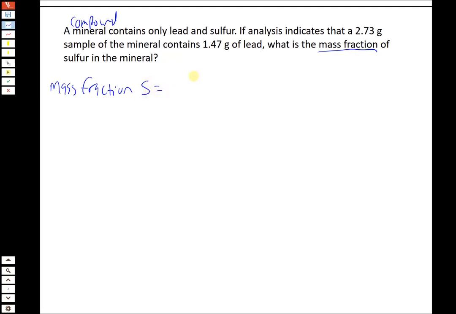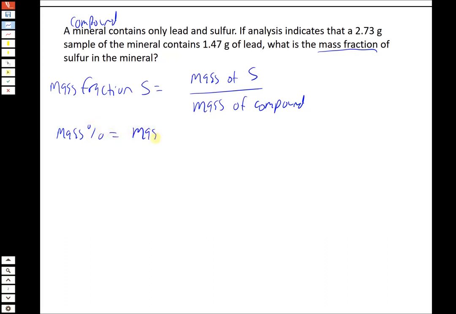It's going to be the mass of sulfur divided by the mass of compound. So the mass fraction is just the ratio of those two. If we were looking for mass percent, which we're not, mass percent is just mass fraction times 100. So that's the relationship between those two. They're very closely related, just one expressed as a decimal, one expressed as a percentage.